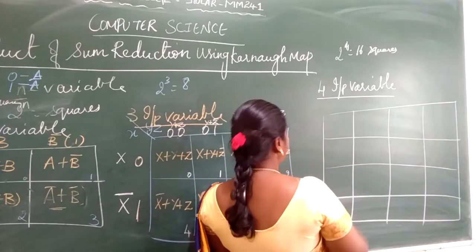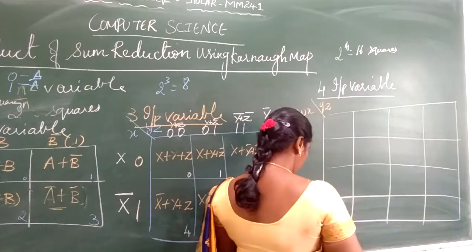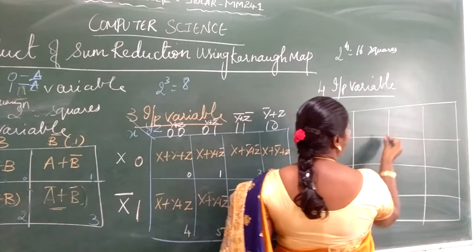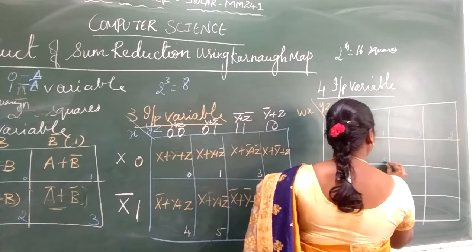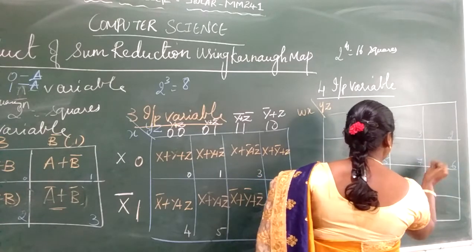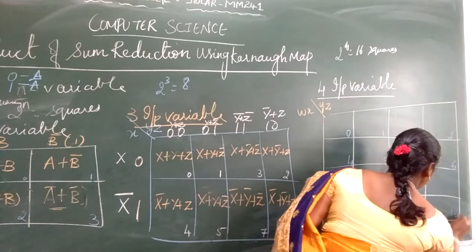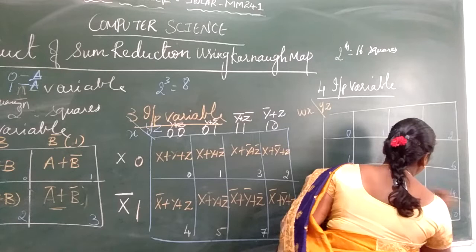Let's take my inputs as wx and yz. First address the values 0, 1, 2, 3, 4, 5, 6, 7, 8, 9, 10, 11, 12, 13, 14, 15.